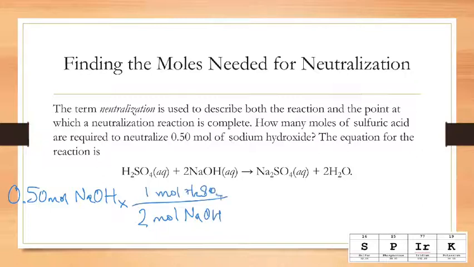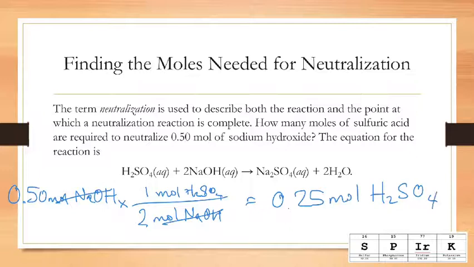And I just pulled that straight from our equation. Moles of NaOH cancels out, and we are left with just moles of H2SO4. We do the math, and we get 0.25 moles of H2SO4. So 0.25 moles of H2SO4 will neutralize 0.5 moles of NaOH.